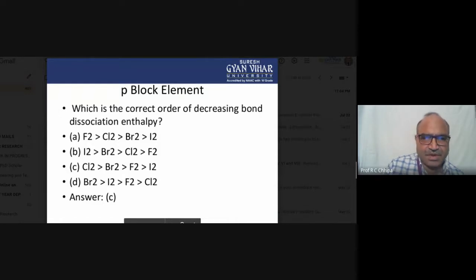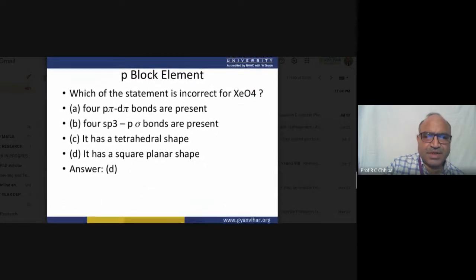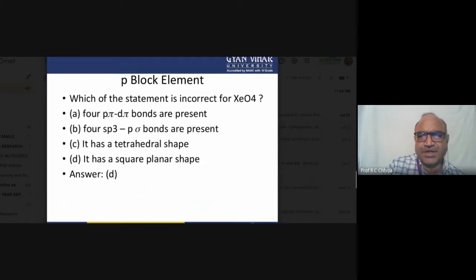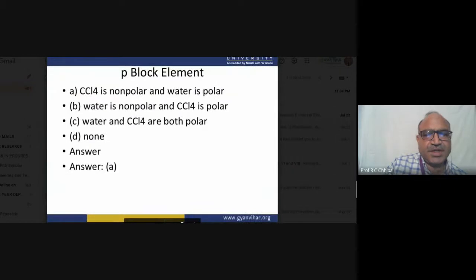Now we can summarize another question: which of the statements is correct? However, inert gases, inert gas compounds are also present, but is that square planar shape? In the case of carbon tetrachloride and water, polarity is also important.